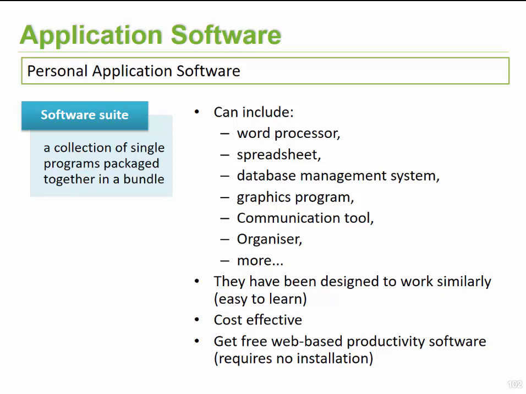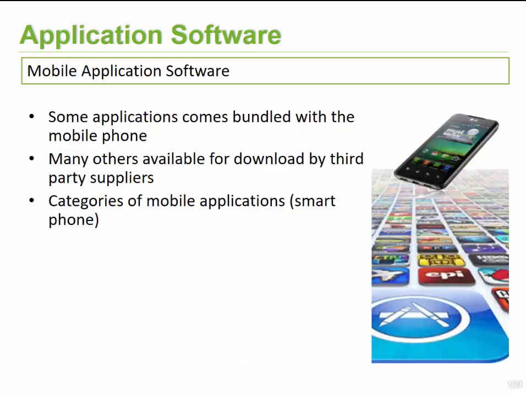Now let's continue and talk a little about mobile application software. When you buy a mobile phone, you would typically find that there is some pre-installed software available, and these are usually determined by the service providers. So your MTNs and Vodacoms, they will decide what should be available on there, and then they would pre-install that.